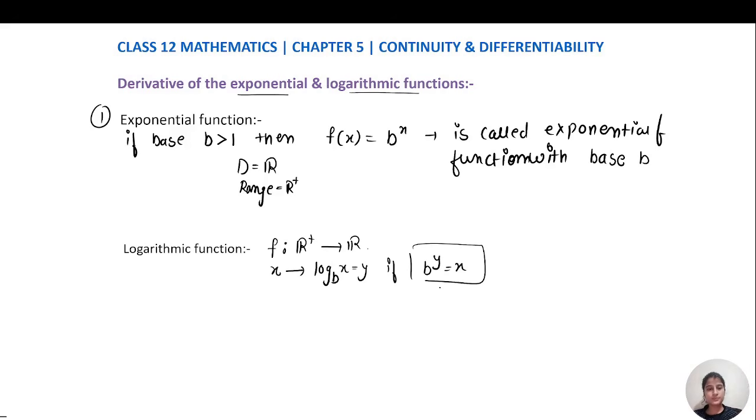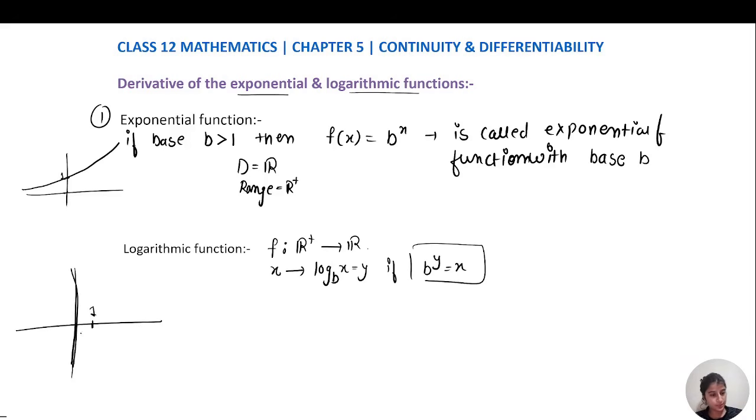Let's move ahead. If you want to see their graphs, the exponential graph is of this form. At 0 it will take value 1, and it increases explosively, with very high speed. Then my log function takes value 0 at 1.